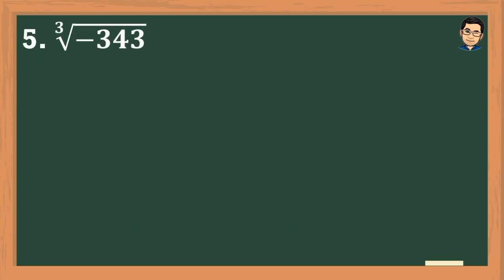Next, number 5, the cube root of negative 343. Okay. So since cube root ang pinag-uusapan natin dito, iisip tayo ng number na kung saan kapag minultiply natin 3 times, lilitaw negative 343. Okay, so negative 343 is a perfect cube.